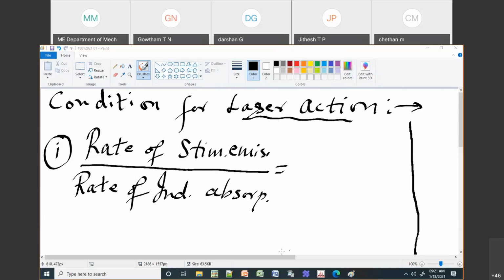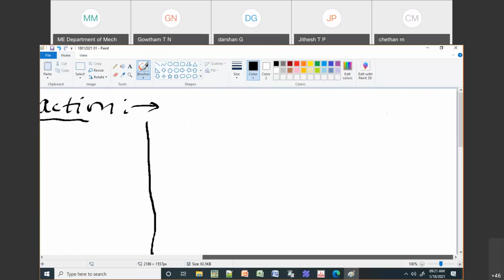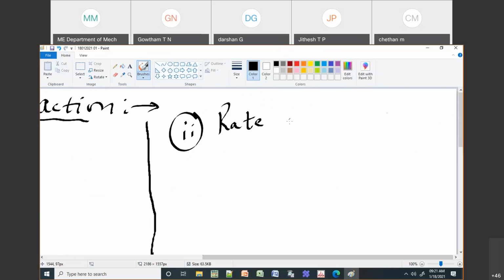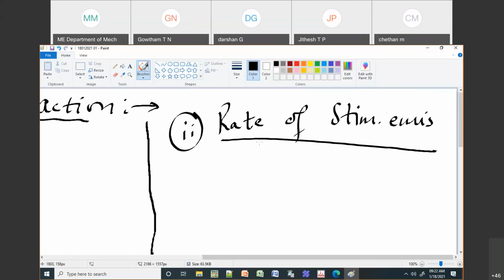Then, as the second condition, we take the same rate of stimulated emission and divide it by the rate of spontaneous emission. These are the two conditions, because we want to know when we can have more stimulated emission.